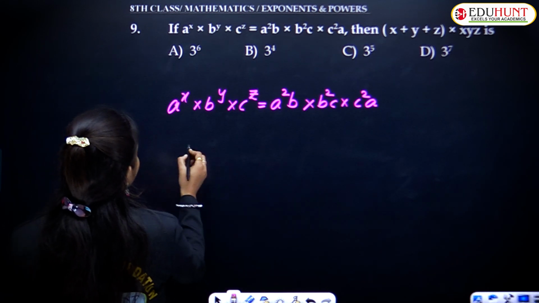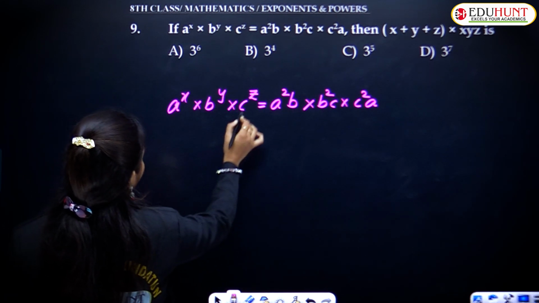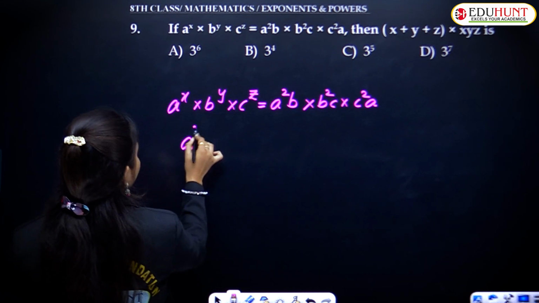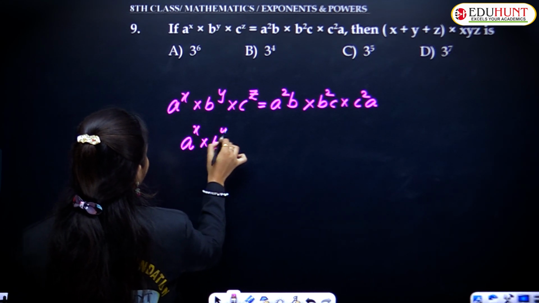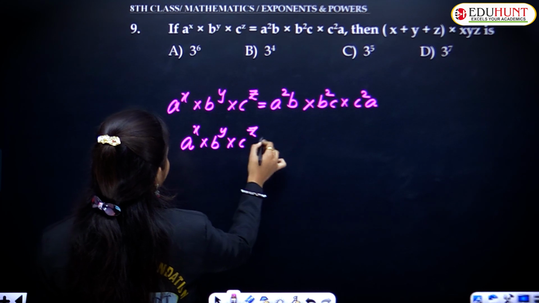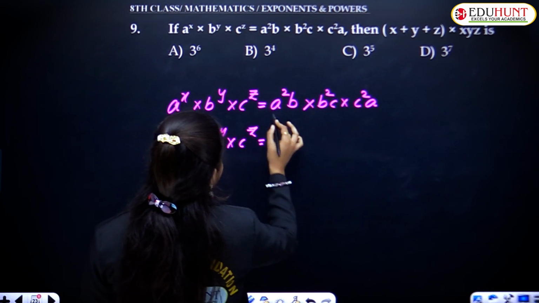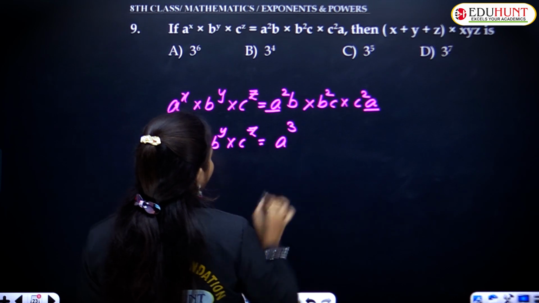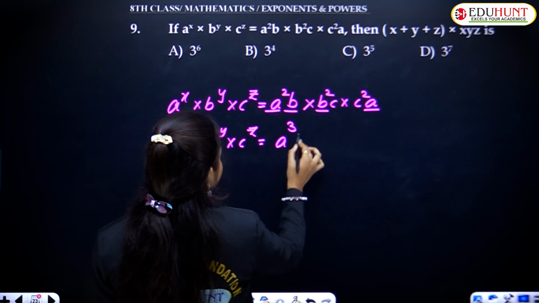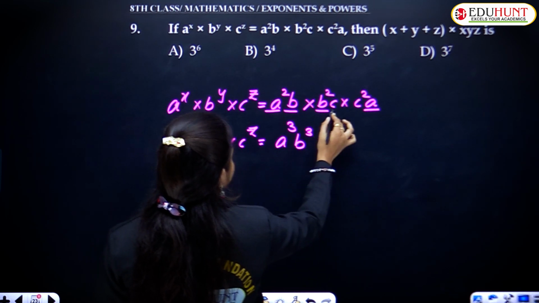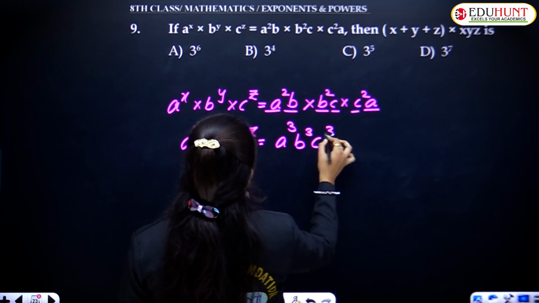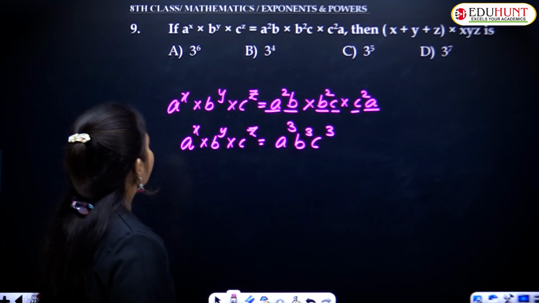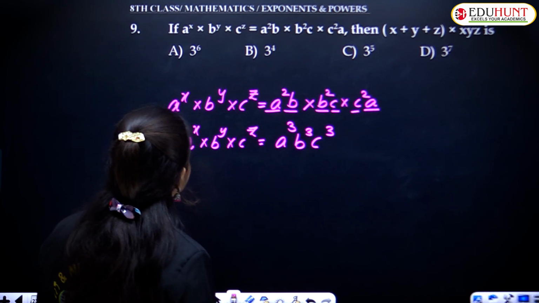Just to simplify this one, here a square is there, here a is there, so a cube. Here b is there, here b square, so b cube, and here c is there, c square, so c cube. Understand?